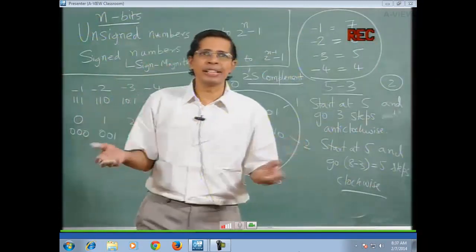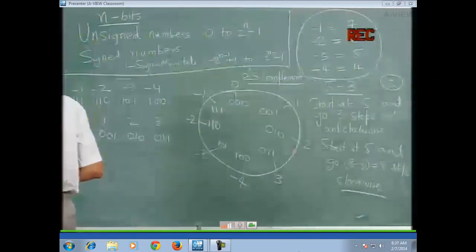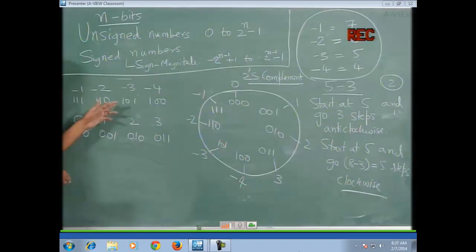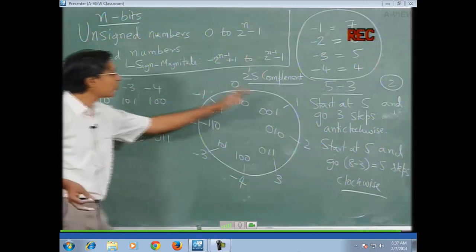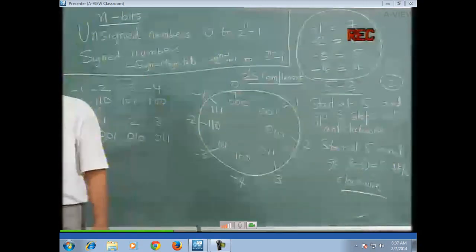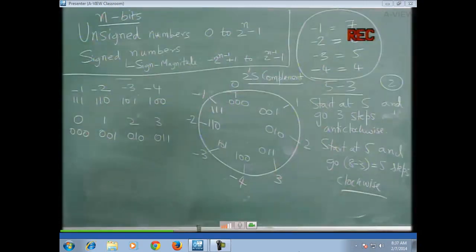Whenever I see -2, instead of going 2 steps anti-clockwise, automatically when I do an addition, it goes 6 steps clockwise, which is what we want, right?